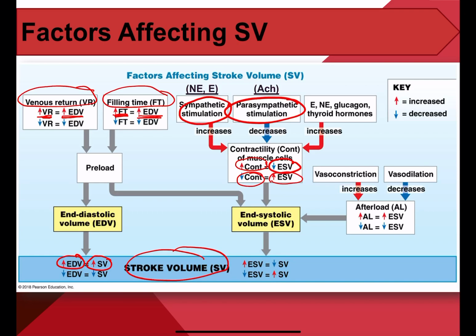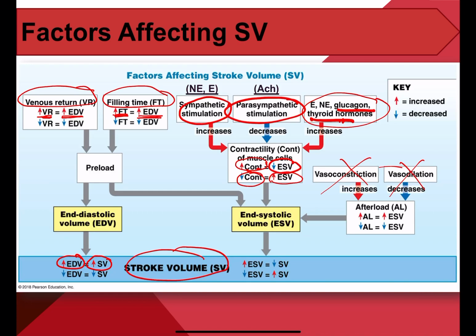Other hormones can also increase your contractility, like glucagon and thyroid hormone as well, which is why when people have hyperthyroidism, their heart rate goes crazy, because thyroid hormone ultimately also affects your heart rate. And then we'll talk about vasoconstriction and vasodilation later when we get to the blood vessel chapter.